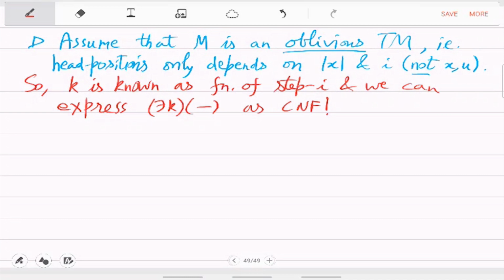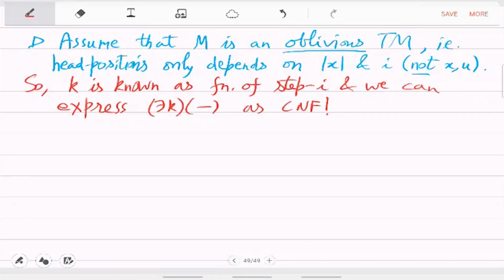So, this will be an assignment problem: how do you convert a Turing machine into an oblivious Turing machine? And with that, since k is known as a function of i, this step i can be easily written as an AND of equalities, and equalities you convert into AND or not. So, it is a Boolean formula in the end.